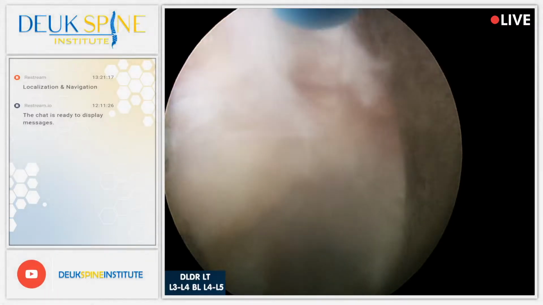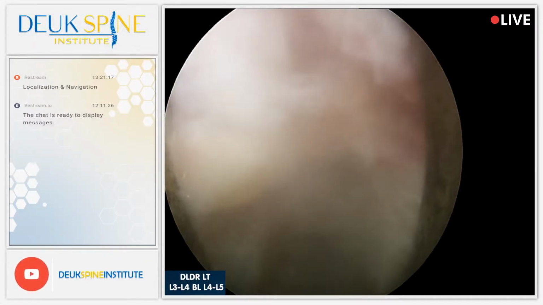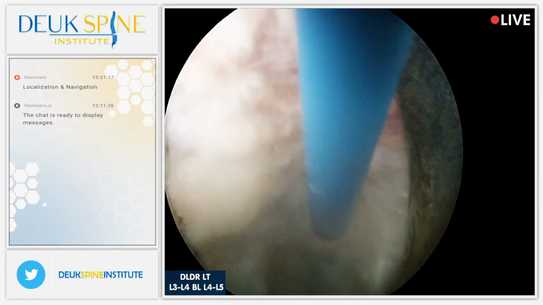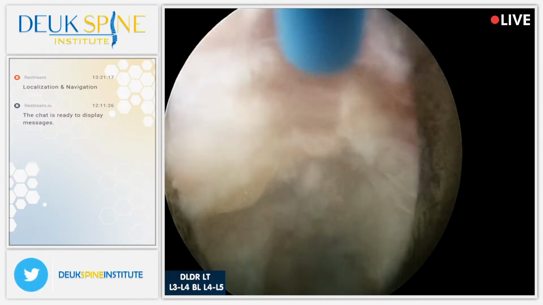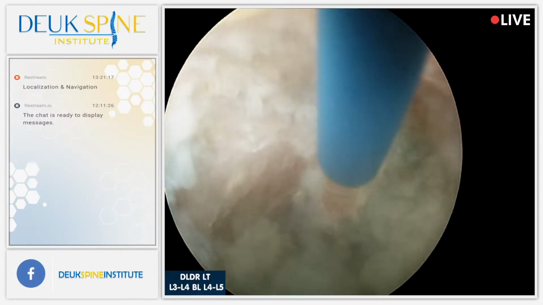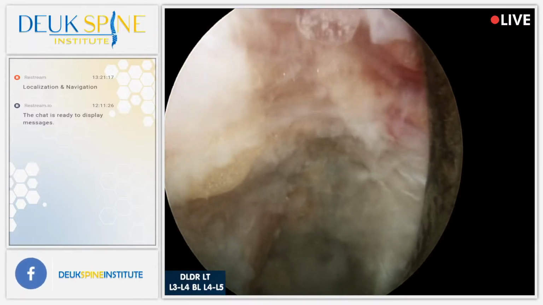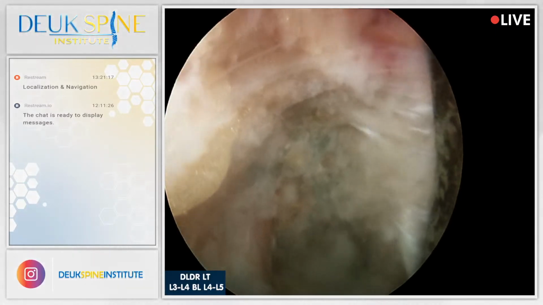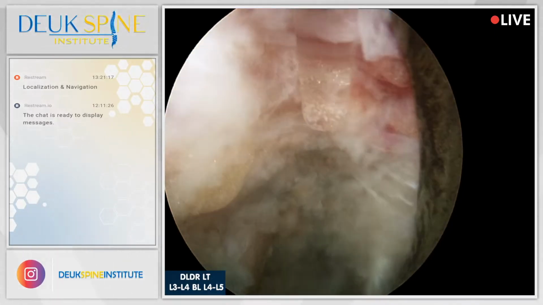All right. So I'm having to go a little further back so I can get some more of this herniation with the laser. But you can start to see the different layers here. It's quite interesting. You've got the epidural fat. We're in the lateral recess, which is the space right behind the disc.